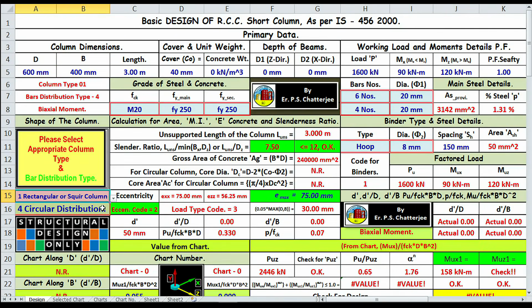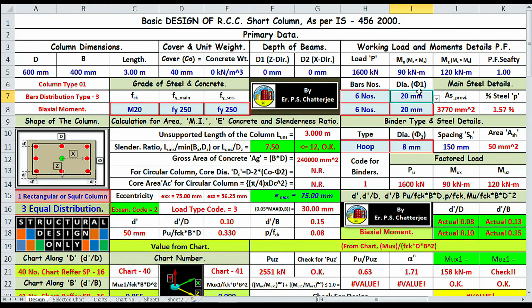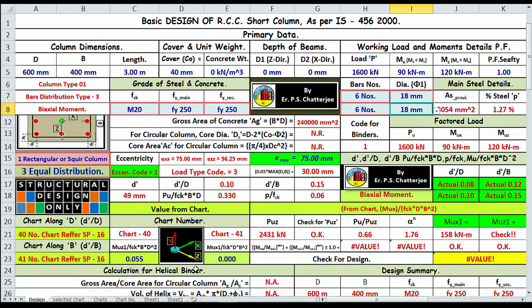Rectangular column. I'm considering equal distribution. 6 number 18.5, 0.055, so okay, 0.07.